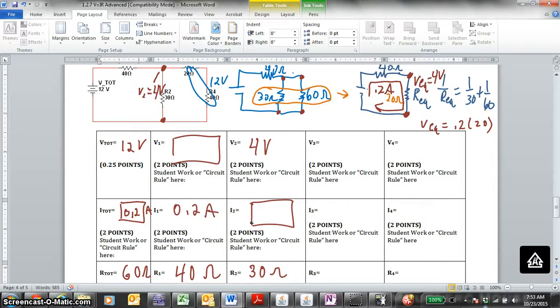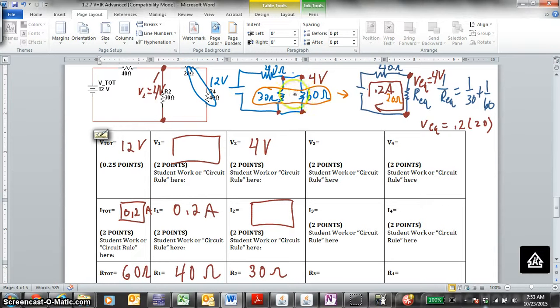Then we know that this voltage drop here is 4 volts with the 60 ohm resistor.